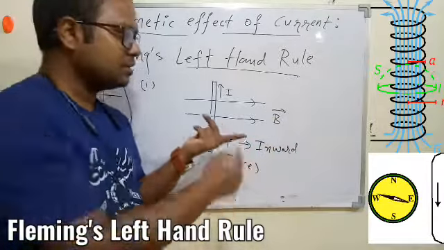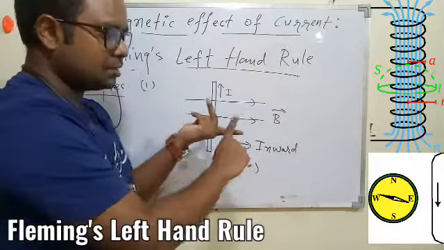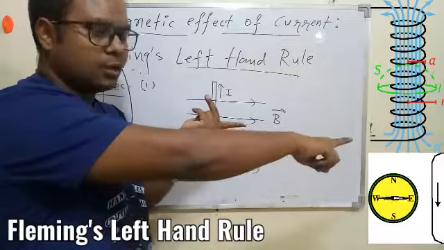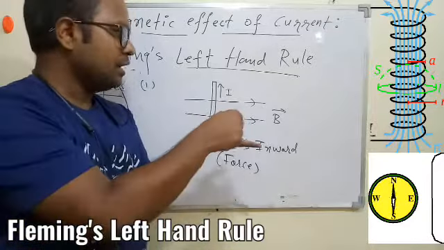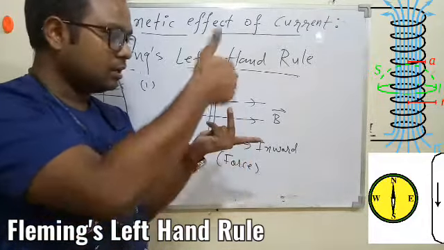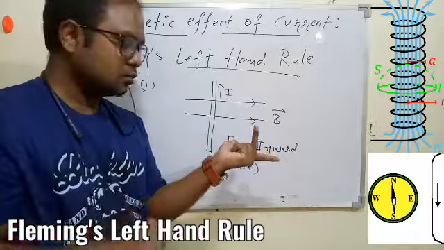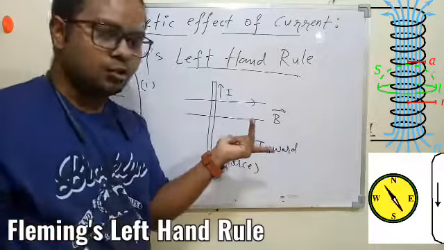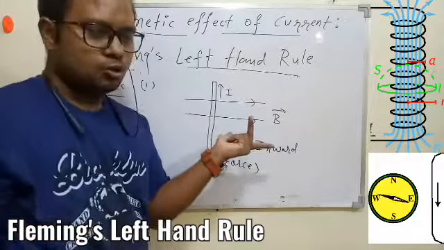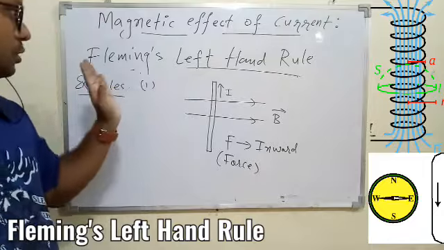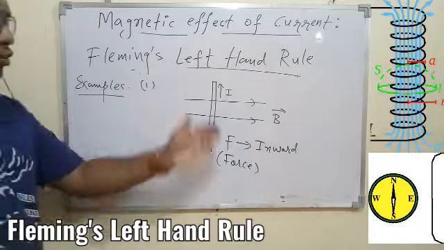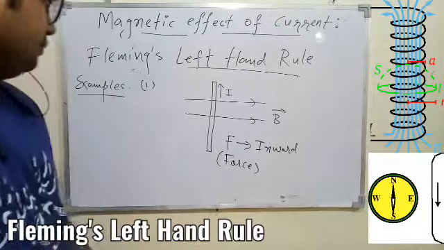So in the given condition, I have shown magnetic field along this direction. So this forefinger is pointing along magnetic field, current is upward, that is in the upward direction. So now in this situation my thumb is pointing towards the board, that is the force should be inward. So according to this Fleming's left hand rule, the force will be inward.